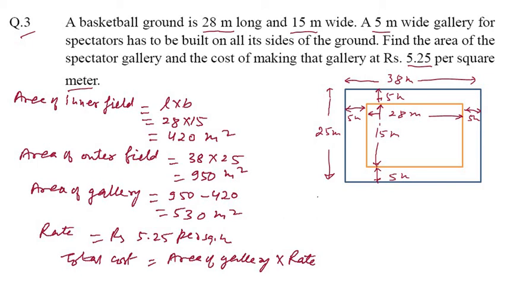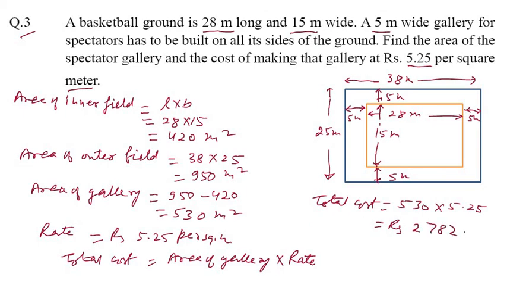You know area of gallery is 530. So you can write here 530 into 5.25. So we can calculate it in rupees. It is 2782.50. So that one is your answer.